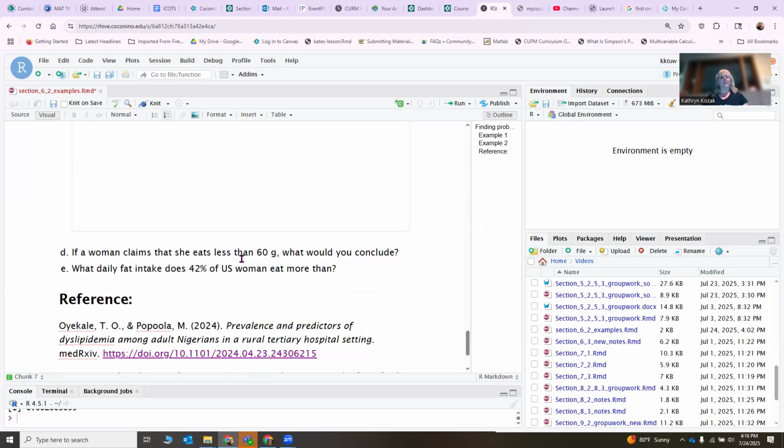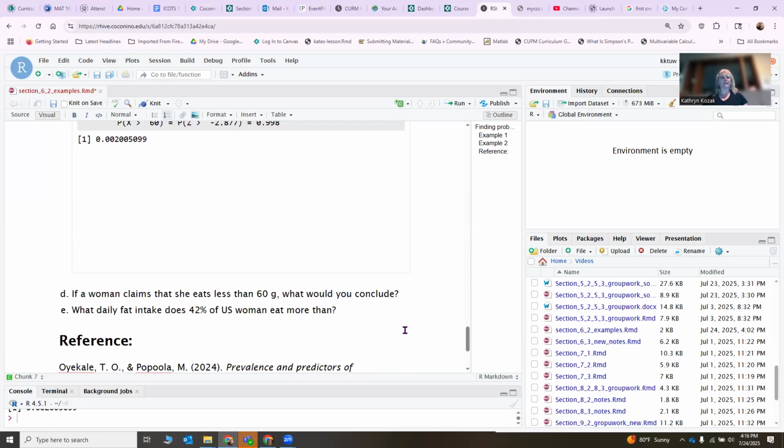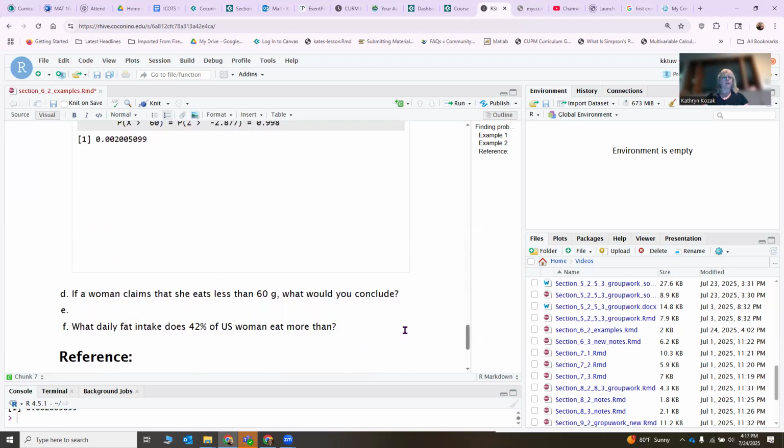If a woman claims that she eats less than 60 grams, what would you conclude? Well, that's a pretty small number. That's pretty unlikely that she did this. And so I probably wouldn't believe her. It's pretty unusual. So you may not believe her. It also may not be healthy. So if this is true that she does this, you may want to talk to her about the fact that you do need some fat in your diet.